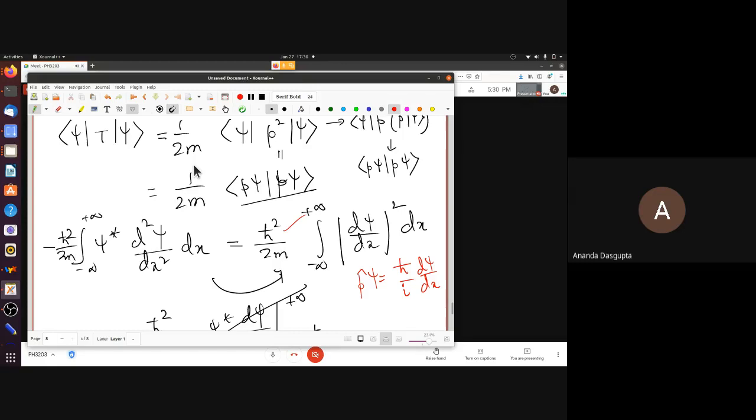How come the two methods give you the same answer? Because they are two different things, right? H cross by i d/dx is Hermitian. Is there a question or a statement?